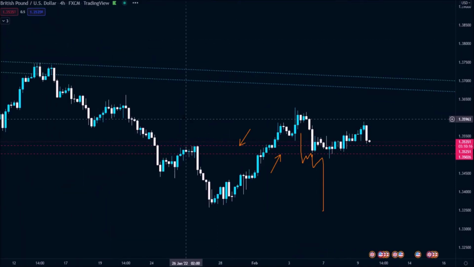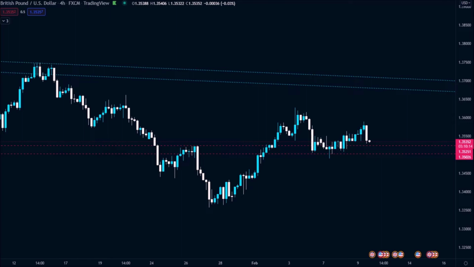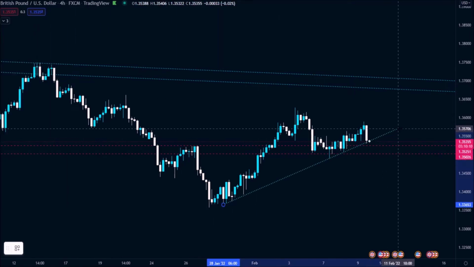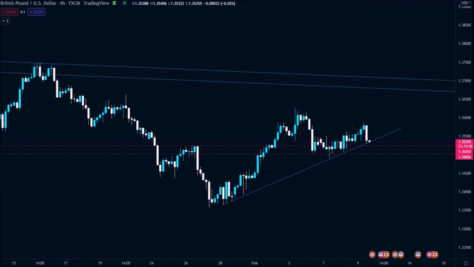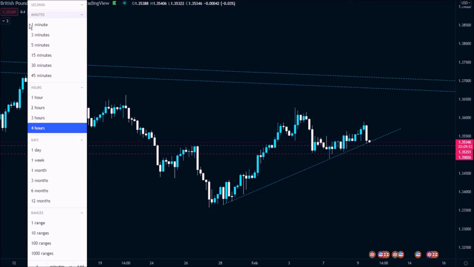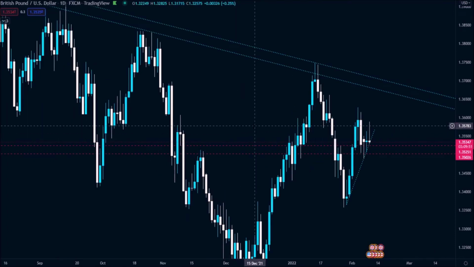Let's go down to the H4 and follow this structure: these lows, support, support, support, and then we also have the support and resistance on the left hand side. If we can get a close below there, that's where I'll be looking to get involved with trades to the downside. Let's go back out to the daily.